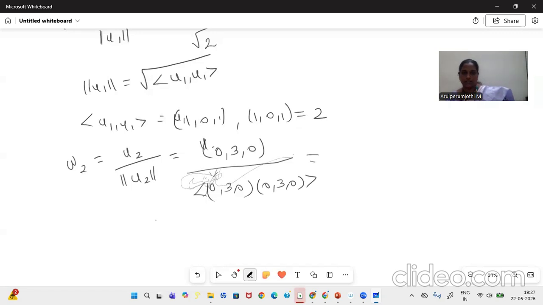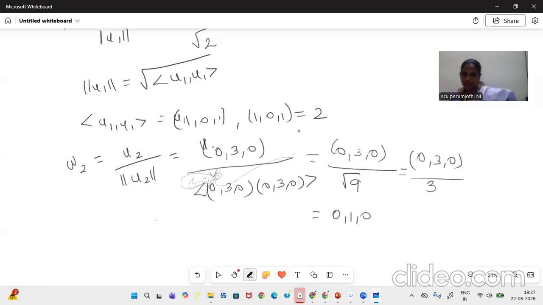So it is 0, comma 3, comma 0 divided by root 9. Root 9 is 3. So if you simplify this, 0, comma 1, comma 0 is your W2.